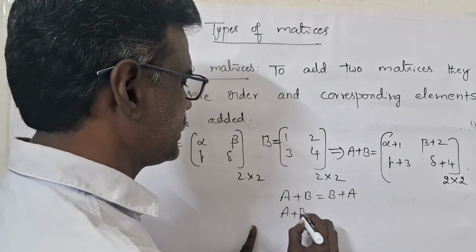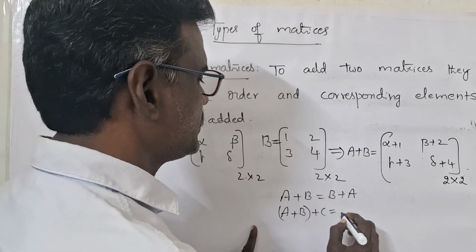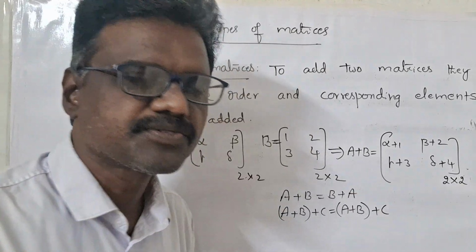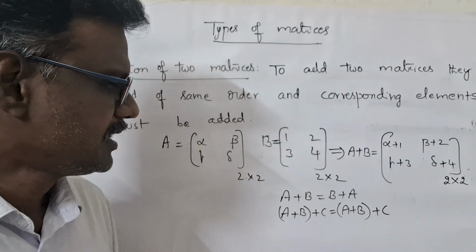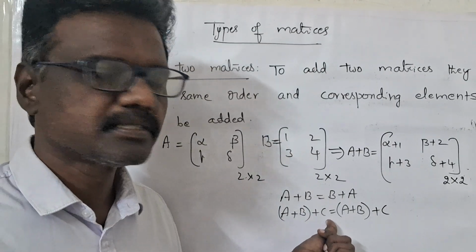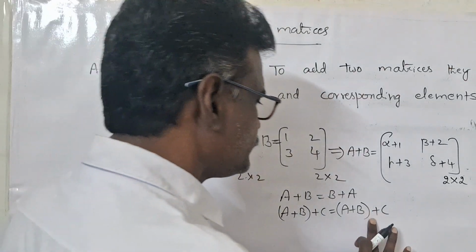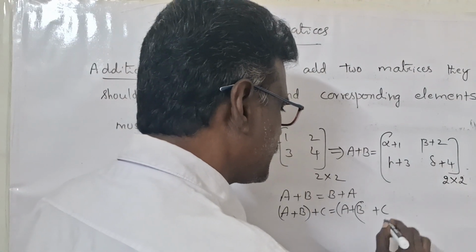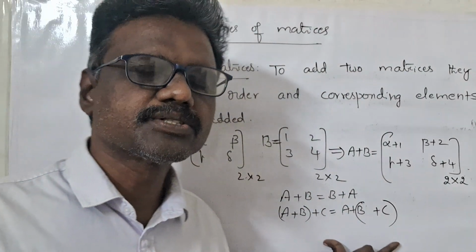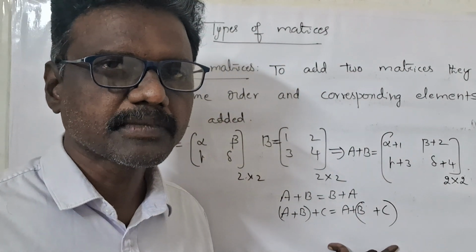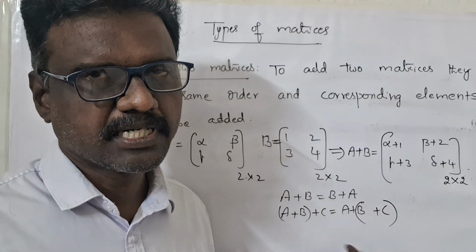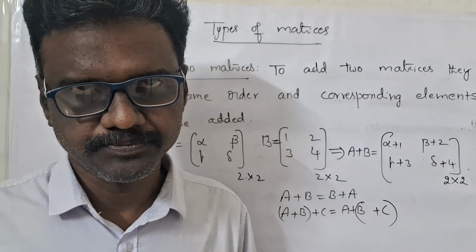If you add three matrices in different orders, the result will be the same: A plus B added to C is equal to A added to the result of B plus C. This is called the associative law. This is true for matrices also, but subtraction will not satisfy it.